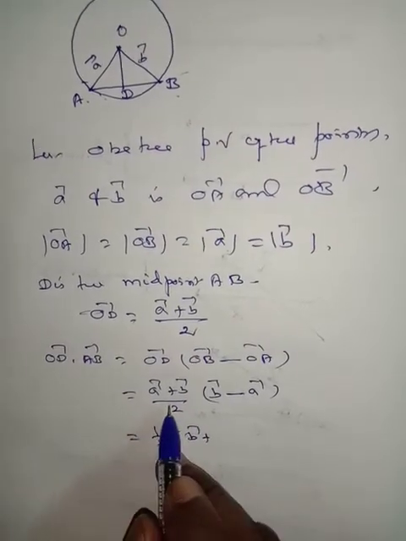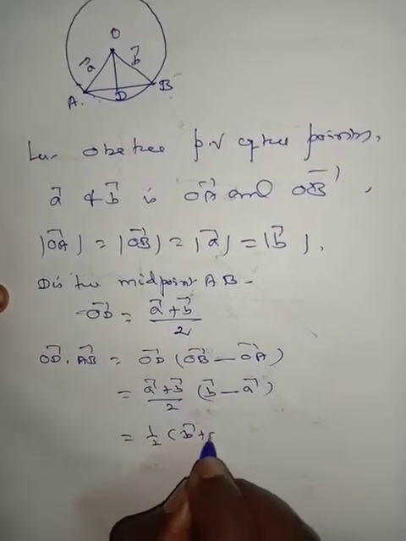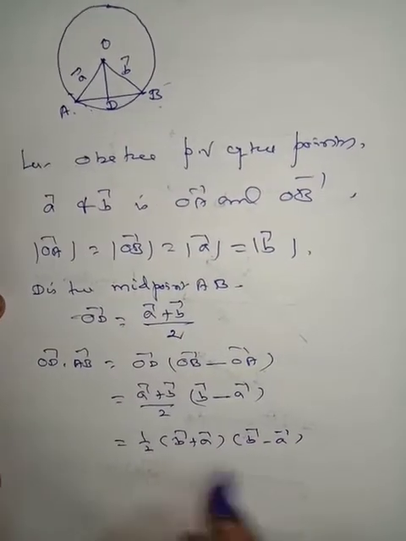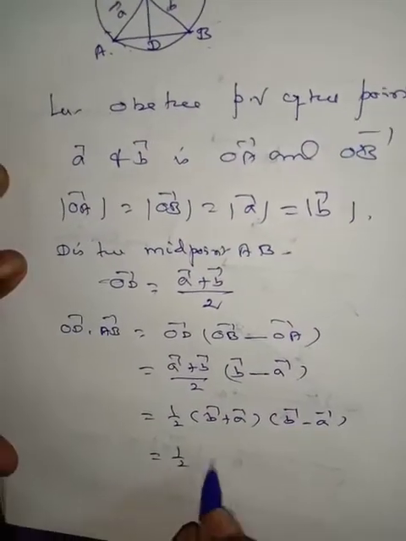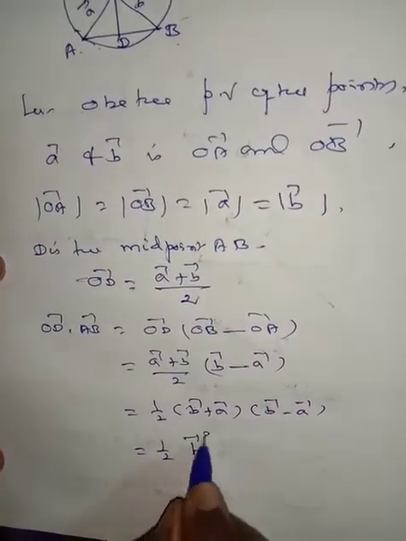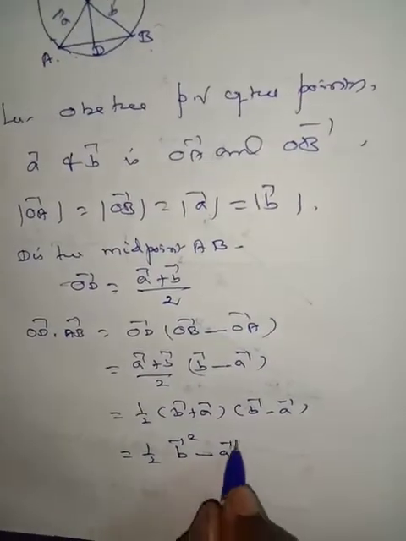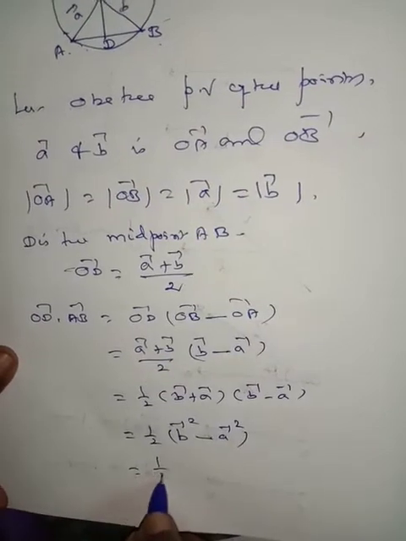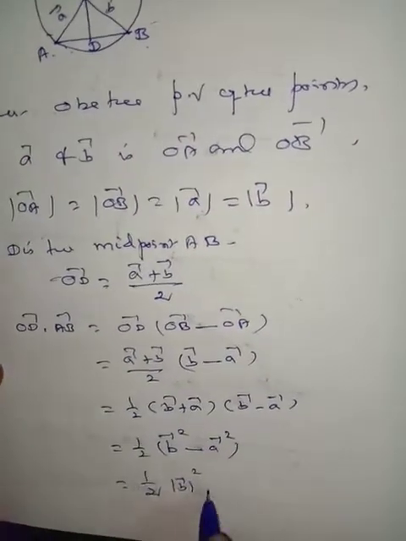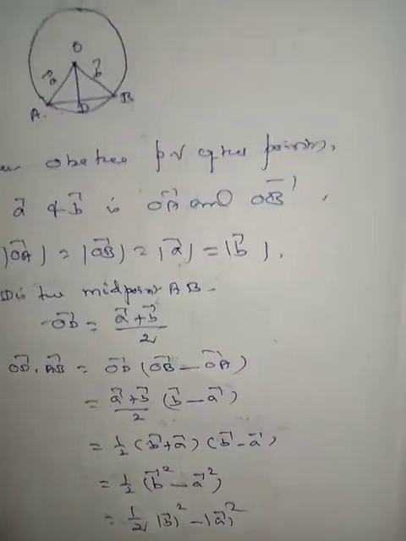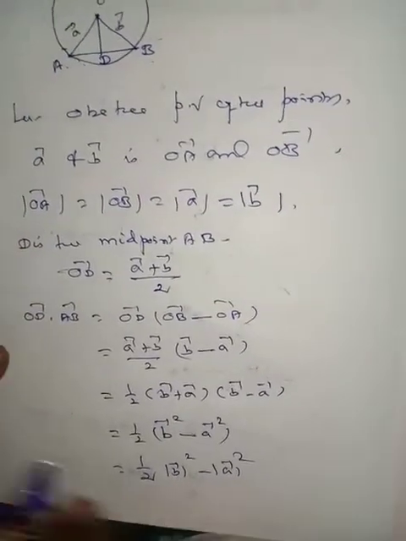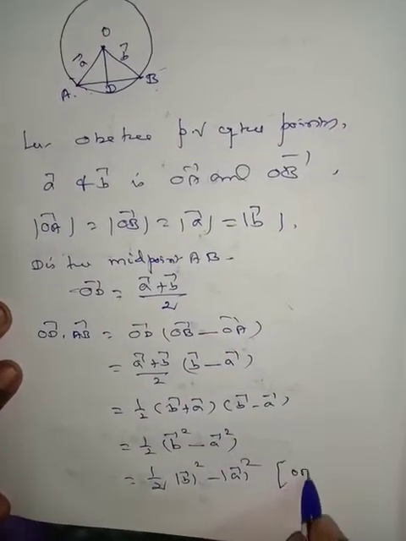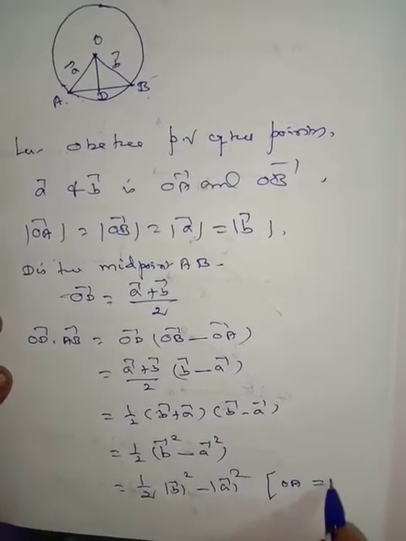The reason is addition is commutative: A plus B is equal to B plus A, into B vector minus A vector. Now (a plus b) into (a minus b) is a square minus b square, so B vector whole square minus A vector whole square. This can be written as the magnitude of B vector whole square minus the magnitude of A vector whole square. This means length only. Radius OA will be equal to OB, OA length will be OB length.